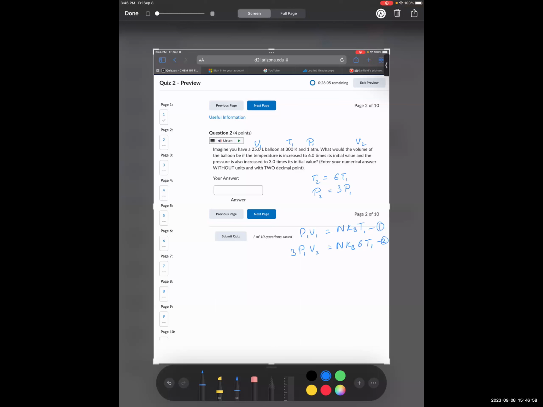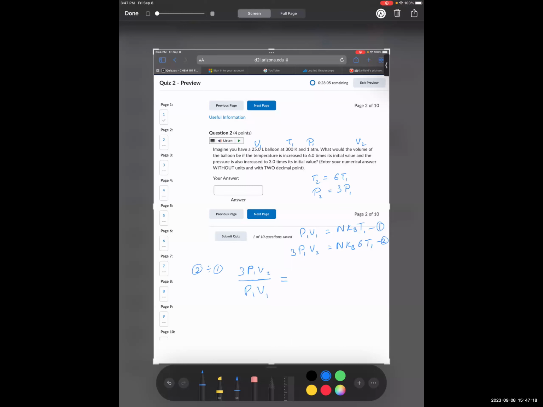Now, if we divide equation 2 by equation 1, we have 3 P1 V2 on the left-hand side divided by P1 V1.